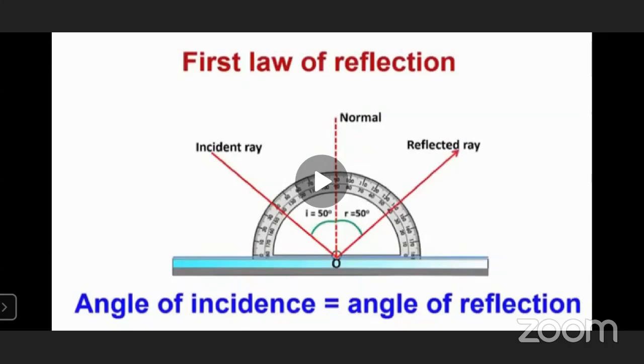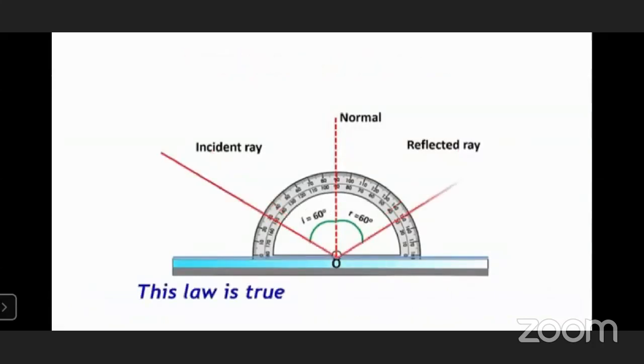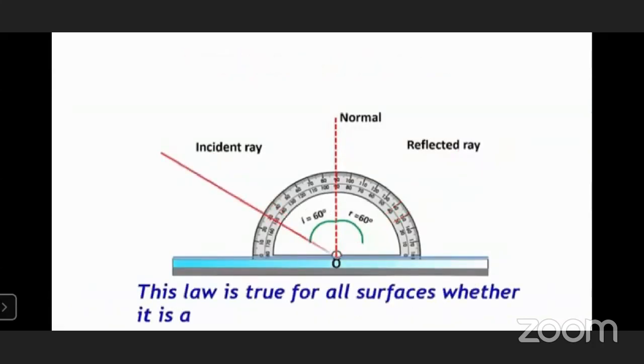The first law of reflection, does it apply only for plane mirrors? Is it applicable for even curved surfaces? Yes, definitely. Let us see. The angle of incidence as it comes from the left side, the ray is bouncing back to the right side. That's the reflected ray. I is equal to 60, R is equal to 60. I is equal to 50, R is equal to 50.